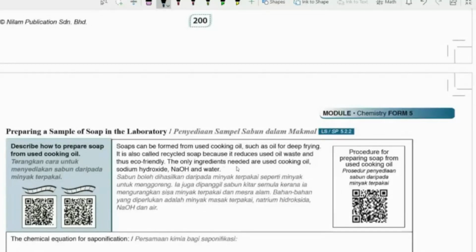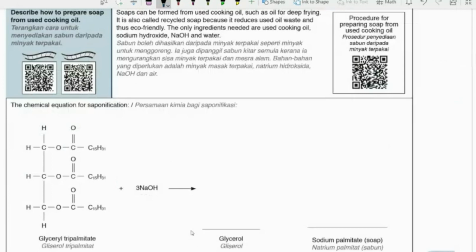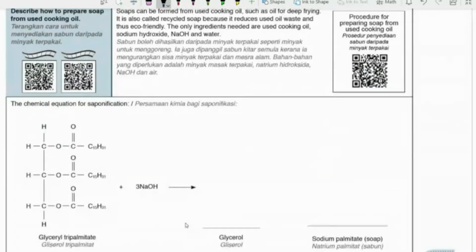The only ingredients we need are used cooking oil, sodium hydroxide, and water. These three things only. If you want to add some fragrance, you also can, so that your soap can smell better. So that's how we discussed already.